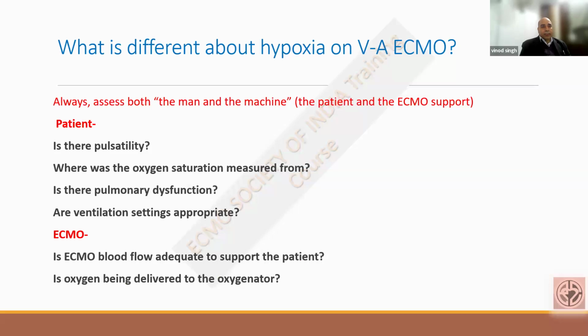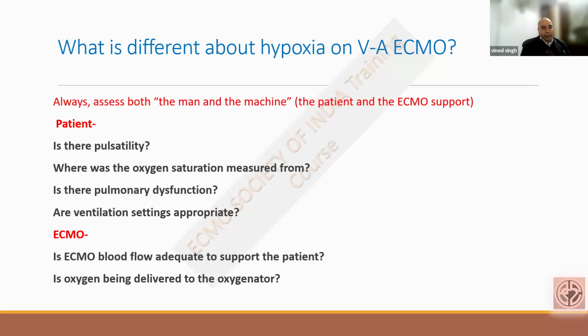Now, what is the difference in hypoxia on VA ECMO? As I told you, man and machine in ECMO is very important. As a physician, as a specialist, you have to see the patient, you have to see the machine, the ventilator, the ECMO monitors, everything. The causes could be a loss of pulsatility, or where you are measuring the oxygen saturation.